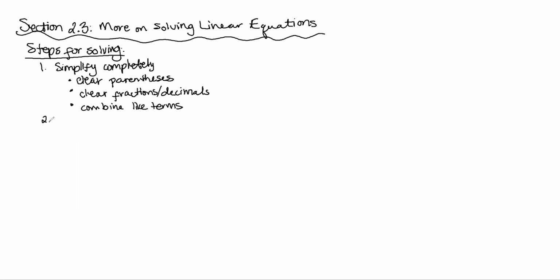This is all just the simplifying step. Second thing we want to do is get the variable terms on one side, constants on the other. Remember, constants are those terms that don't have a variable in them.